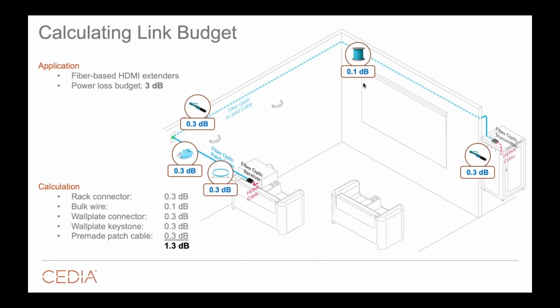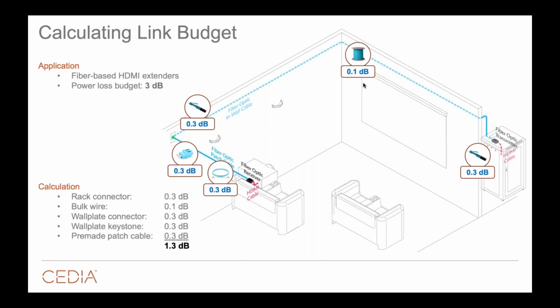We can look at this installation and say, okay, I'm doing a tolerably okay job putting my connectors on, running my cable. All of these things put together, I should be operating at about 1.3 dB of loss. My budget is 3 dB, so this should work fine, right? 3 dB of power budget, 1.3 dB of expected loss.